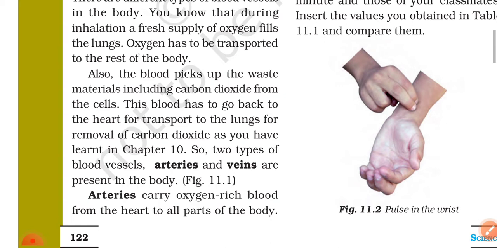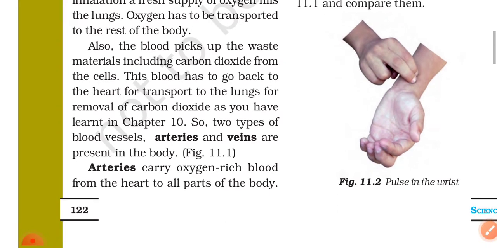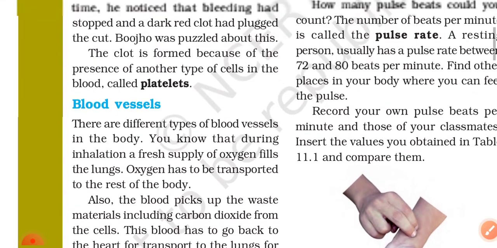This blood has to go back to the heart for transport to the lungs for removal of the carbon dioxide. As you have learned in chapter 10, two types of blood vessels, arteries and veins, are present in the body. Figure 11.1. Arteries carry oxygen rich blood from the heart to all parts of the body.